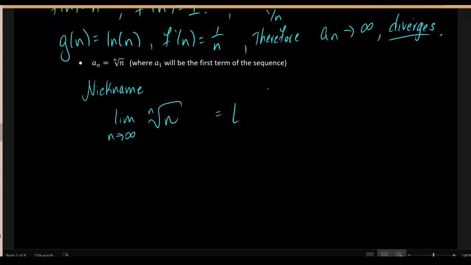Now I'm going to think about the nth root of n as an exponent of 1 over n. And what I'm going to do is apply the natural log to both sides. The reason being that the natural log allows me to pull stuff out of an exponent and turn it into a constant multiple.